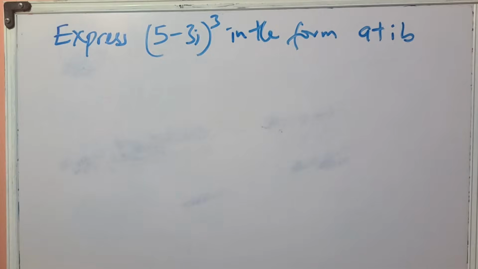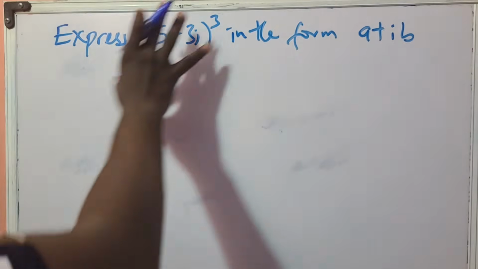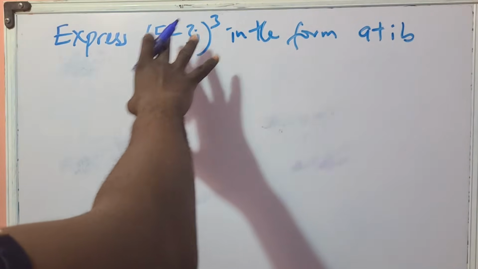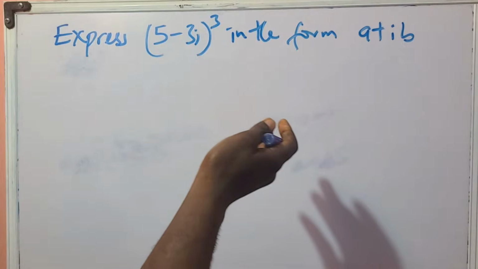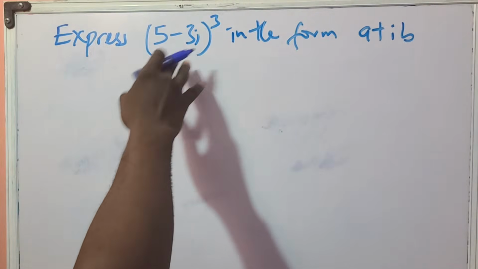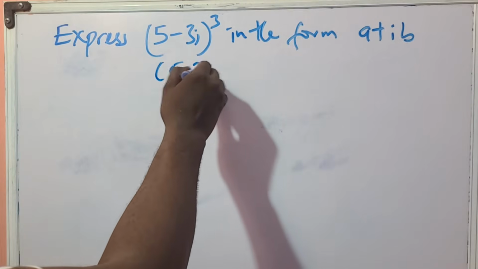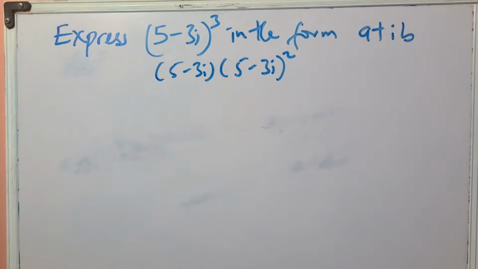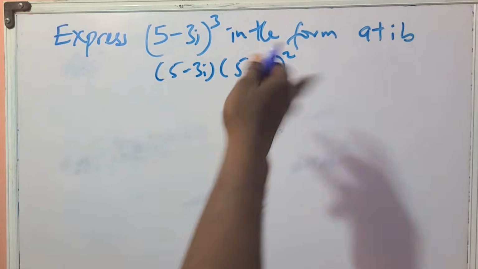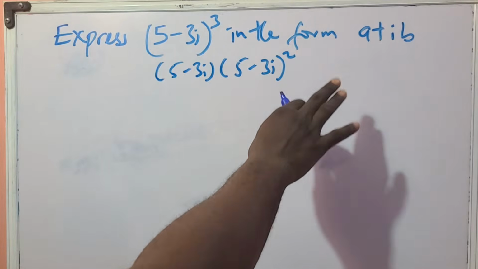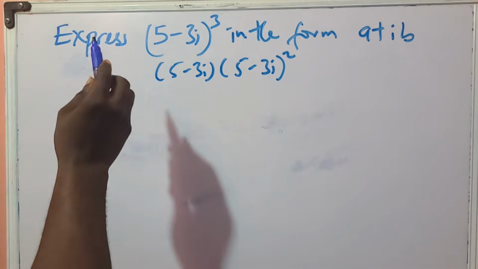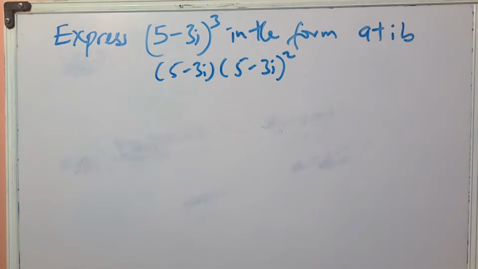Of course, you can expand this the way you expand a quadratic, as (5 - 3i) times (5 - 3i) squared, and that's a whole lot of work. I love to make things simple and neat. So let's see this general format of expanding a cubic while dealing with complex numbers.